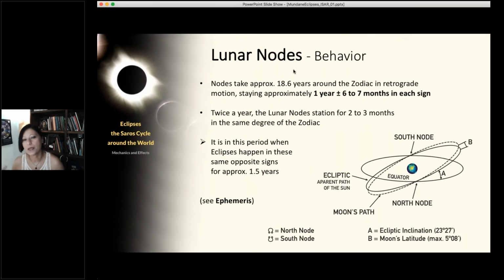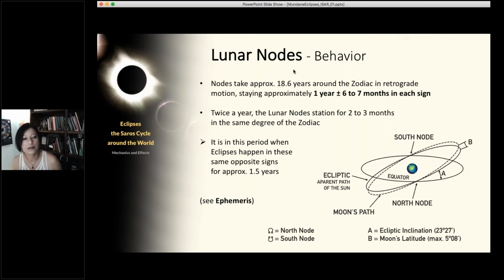What's the behavior of the lunar nodes? Well, the lunar nodes take approximately 18.6 years around the zodiac. They go in retrograde motion, and they stay approximately 1 year and a half in each sign. So what does that mean?